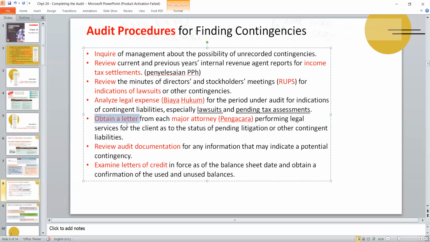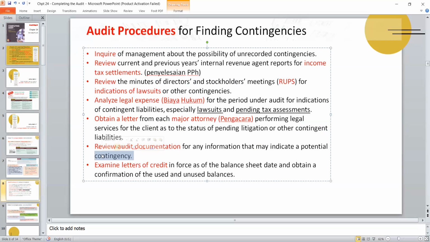And next, you need to create a confirmation to the attorney, the company's lawyer, because their attorney knows about the kind of litigation or lawsuit that the company faces right now and in the future, so they know about the contingent liabilities related to the litigation. And next is to review your own audit evidence, your own audit documentation, whether there is any indication of potential contingency.